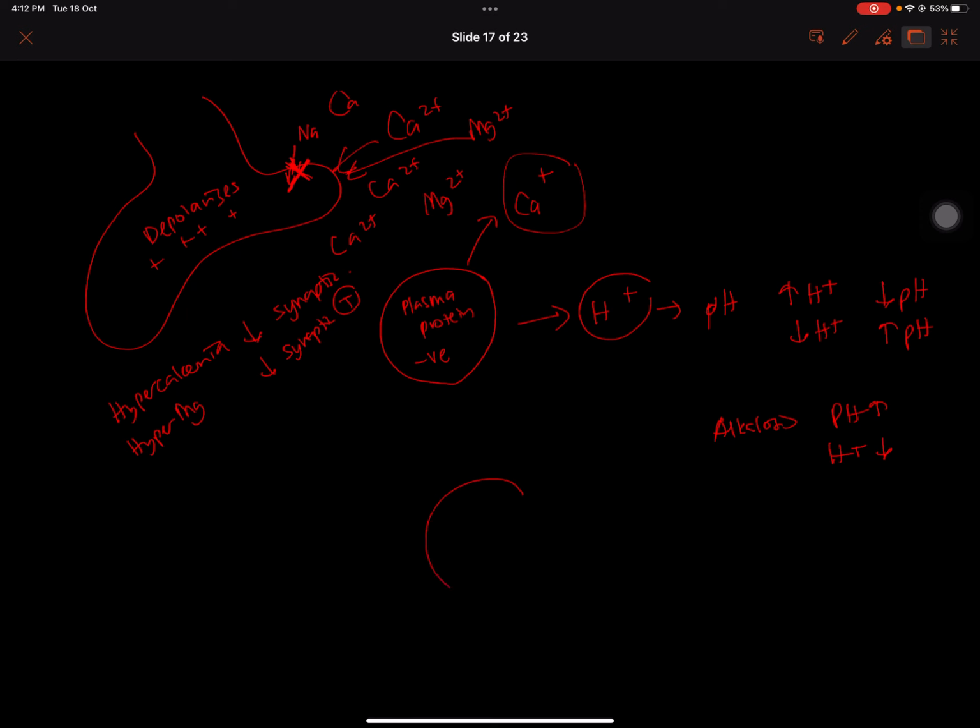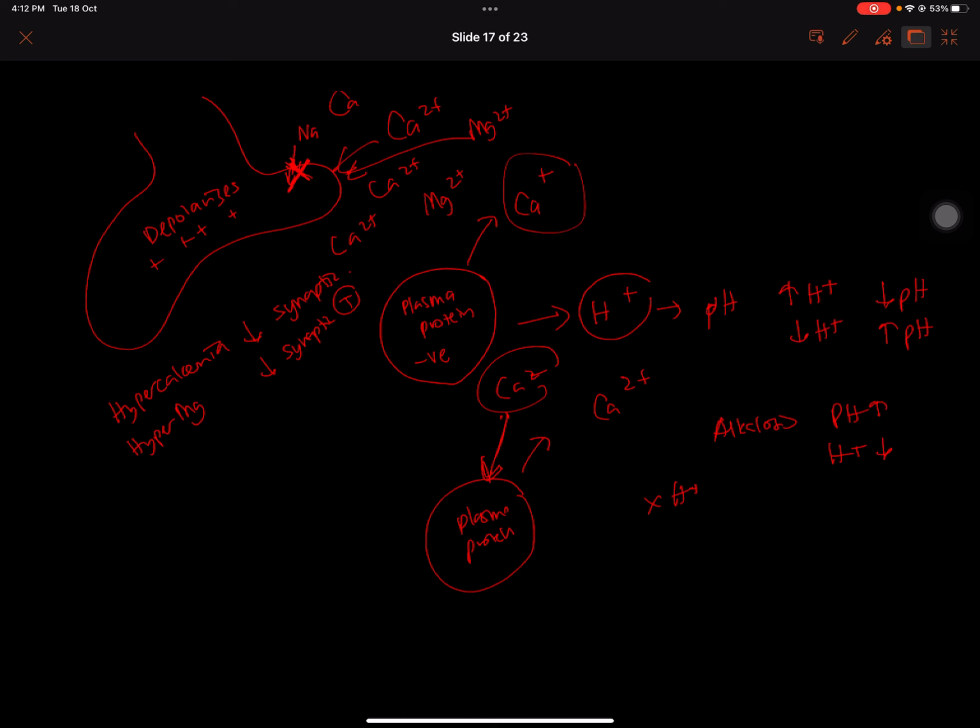Now what happens is that when there is less H+, this plasma protein is available to bind to more of the calcium. So this calcium will then bind to the plasma protein.